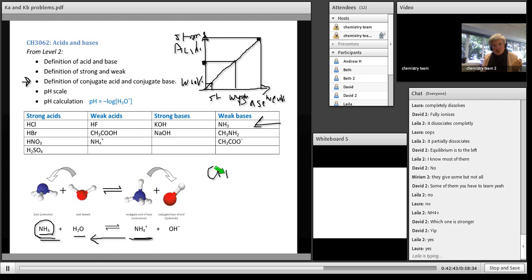So the moment I try and make chloride act as a base to accept a proton to make HCl, plus OH minus, what is the HCl going to do with the OH minus?